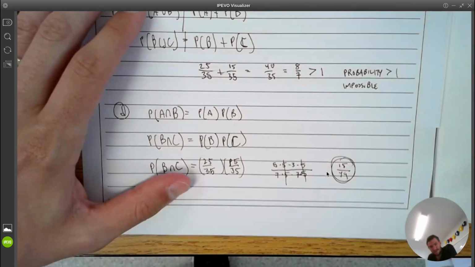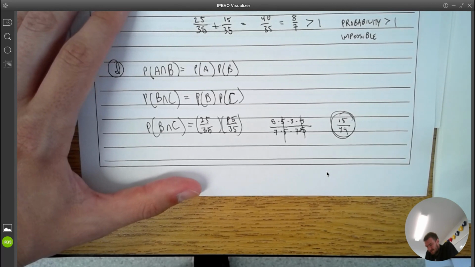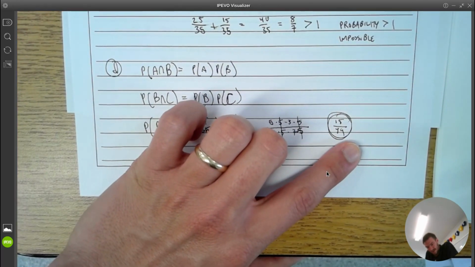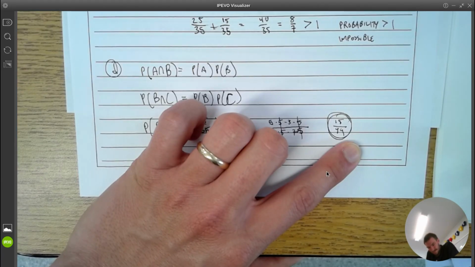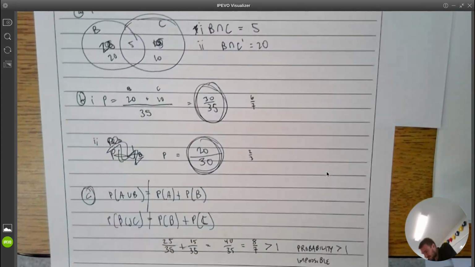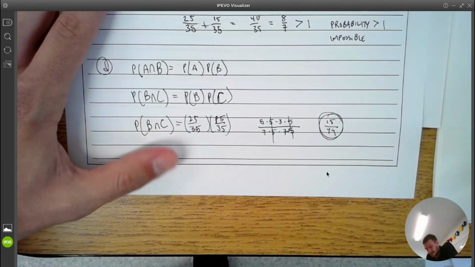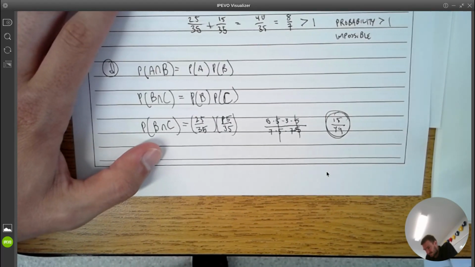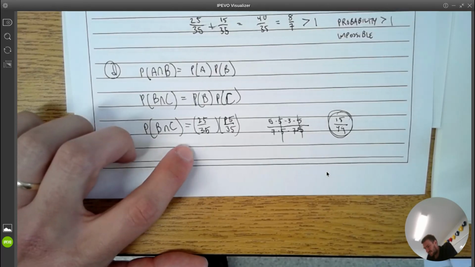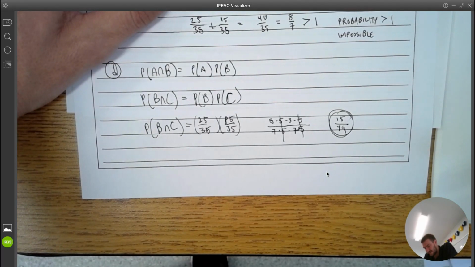This is a 3-mark question. I do not think that we've actually solved this question yet, because I don't see why this doesn't work. It says prove that they are not independent events. Maybe we can just use our results from A up top.